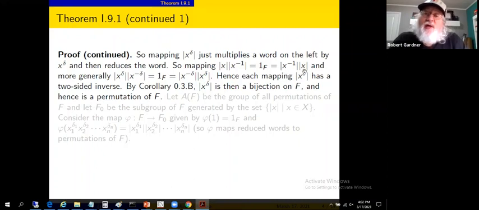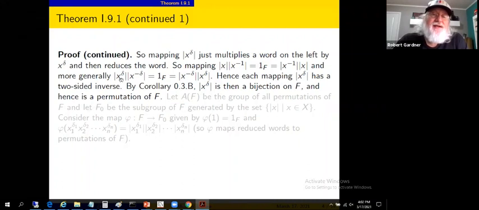Similarly, if we multiplied on the left by x and then multiplied on the left following that by x inverse, reduction would lose those. And we get that these two mappings are inverses of each other. More generally, if we take the absolute value of x to the delta, that particular mapping preceded or followed by the absolute value of x to the negative delta, we're going to get the identity as well.